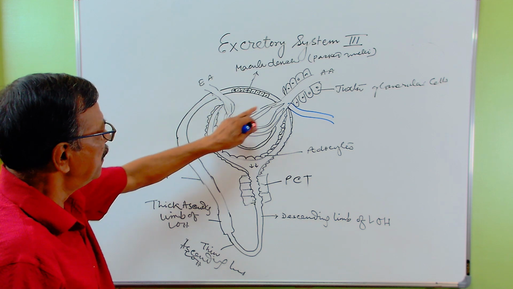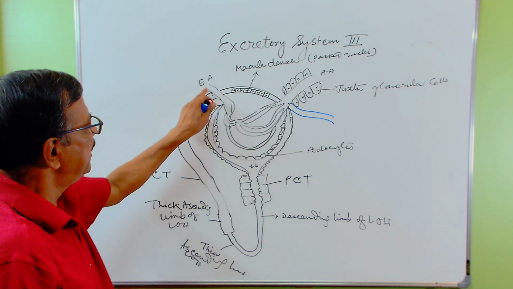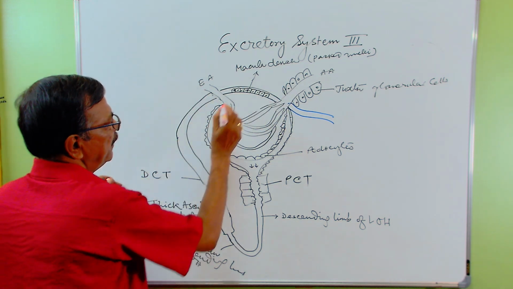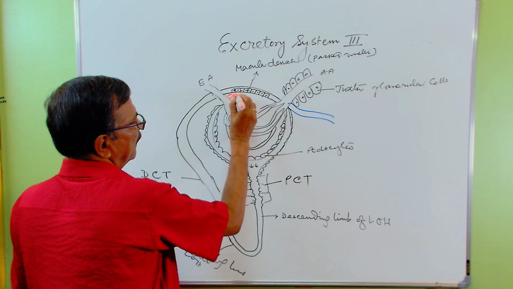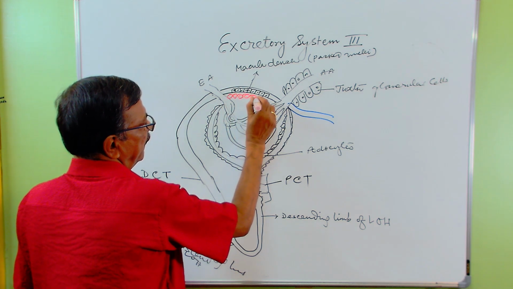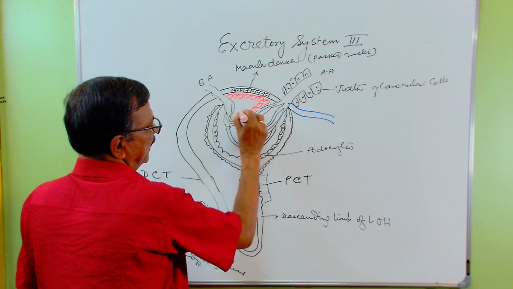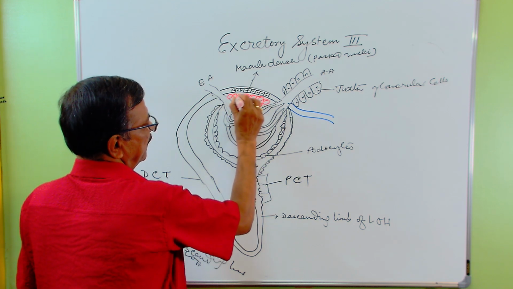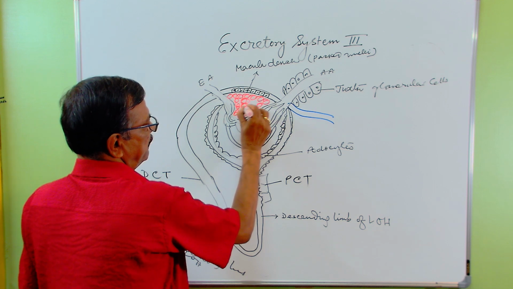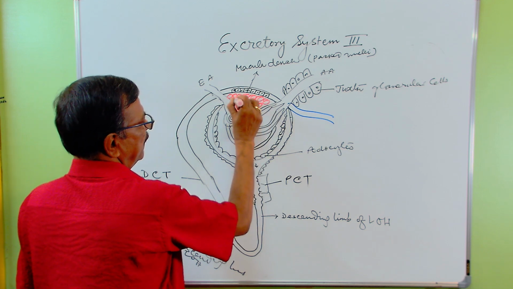Now, one thing more. In the joining of this afferent and efferent arteriole, there are some cells which make it more rigid.